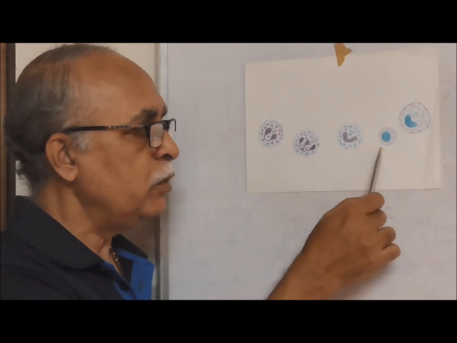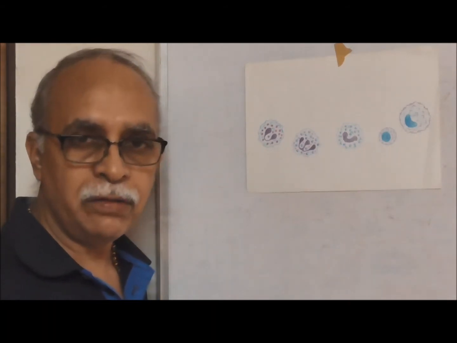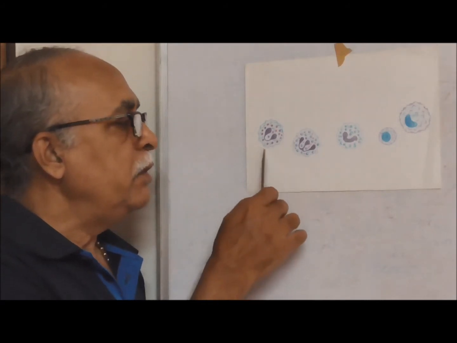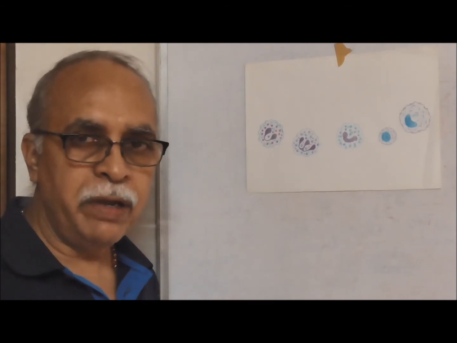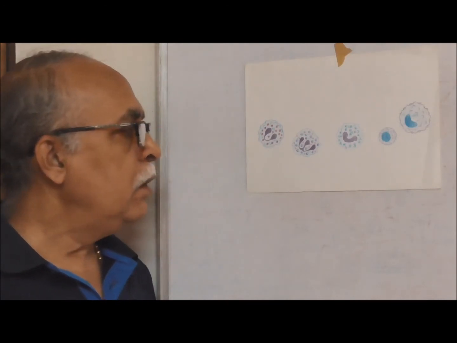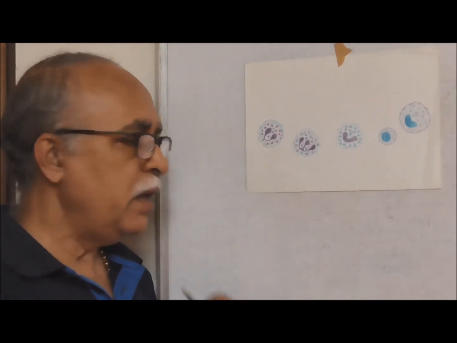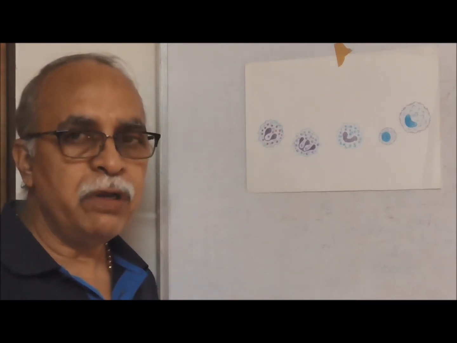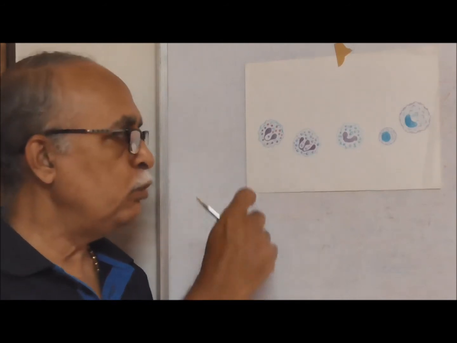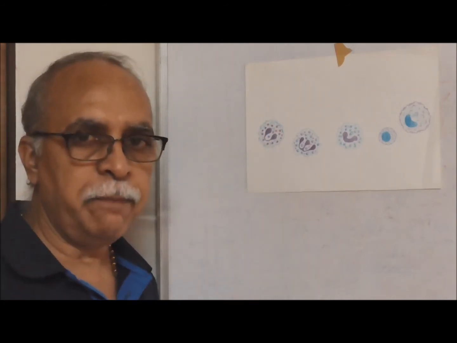These 3 would be granulocytes and these 2 would be agranulocytes. Now, the eosinophil is a large cell measuring about 10 to 12 microns in diameter, and if we count 100 WBCs, these will be hardly about 2 to 3%. That is, 2 to 3% of WBCs are of this type.